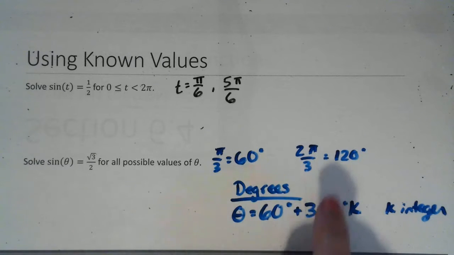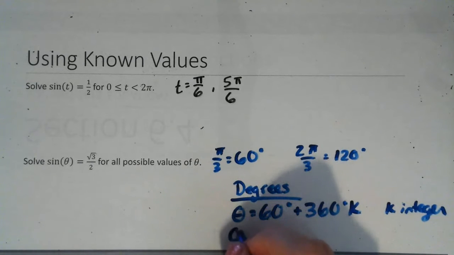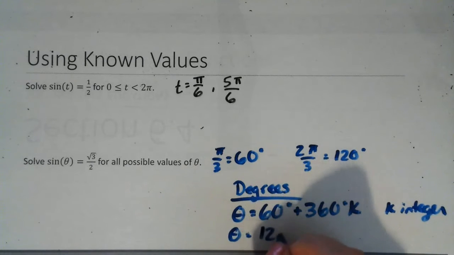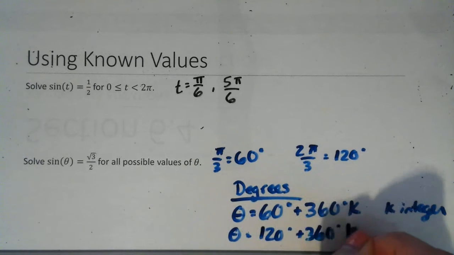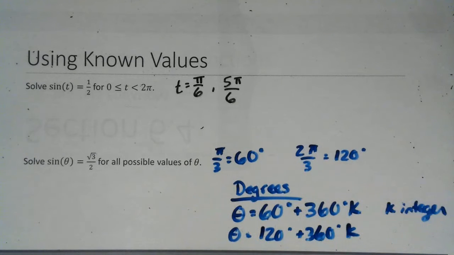But we also have another answer because of the 120 degrees. So theta could also be equal to 120 degrees plus 360 degrees k, again where k is any integer. So you can go to 120 degrees and then go either way around the circle as many times as you want.